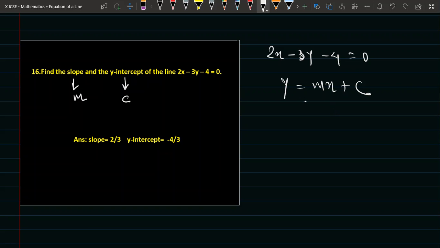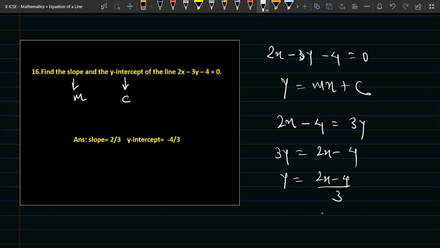तो पहले इसको इस फॉर्म में लेके आएंगे. ठीक है? So for that we will write it like this: 2x minus 4 is equal to 3y, or 3y is equal to 2x minus 4. Now y का coefficient will remove, so divide 3 on both the sides, we get y is equal to 2x minus 4 by 3, which gives us y is equal to 2x by 3 minus 4 by 3.